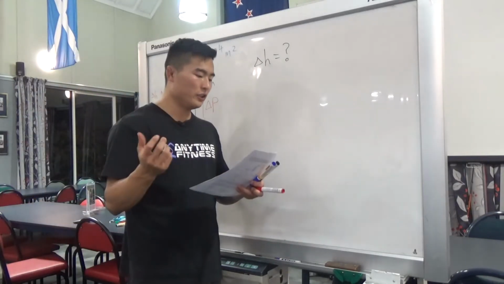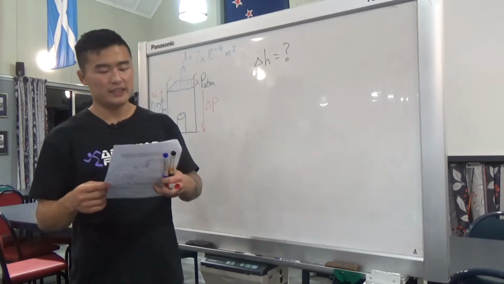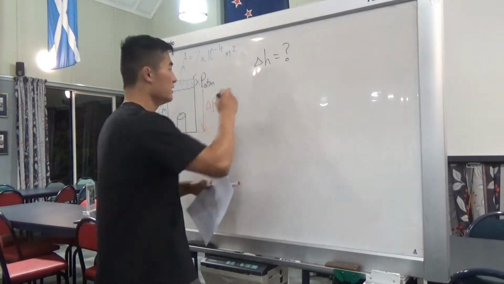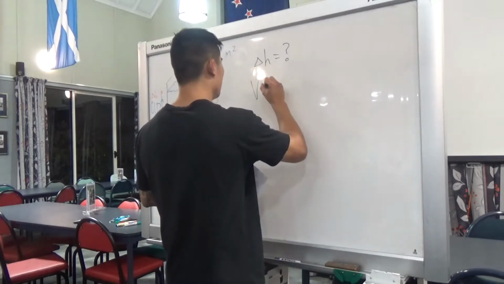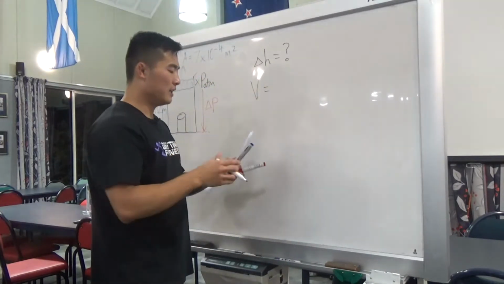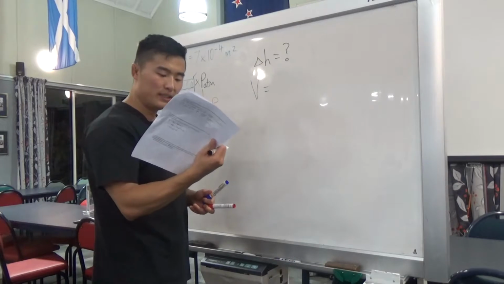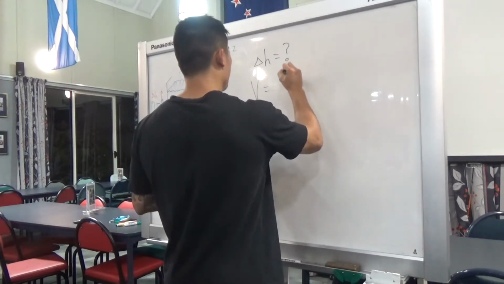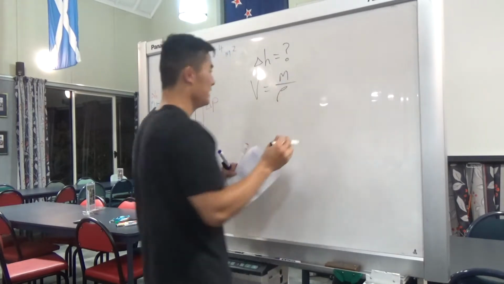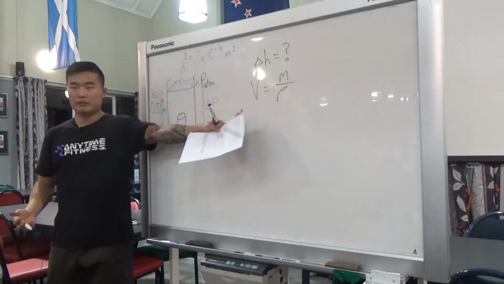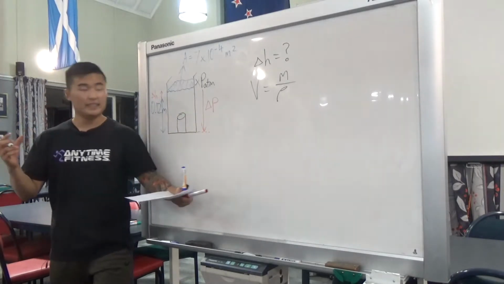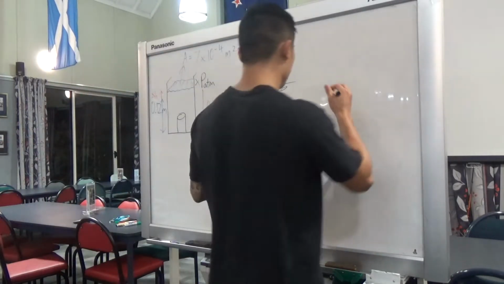First of all, you need to calculate the volume of the cylinder. We've been given the mass and the density of the cylinder, which is copper, right? So volume is equal to the mass divided by the density. Again, we're using this equation for volume, mass, and density. Okay, that's really important.